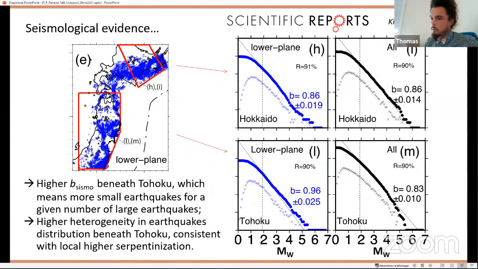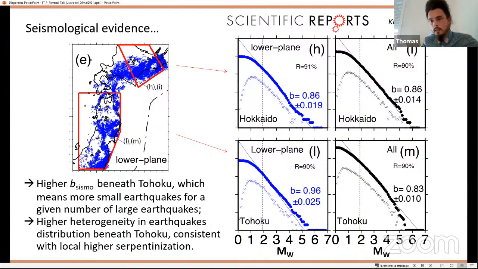Or at least the uncertainty is lower. So as you can see, for the lower plane, between the region of Tohoku and the region of Hokkaido, the b value beneath Tohoku is almost 1, when it's only 0.86 beneath Hokkaido.